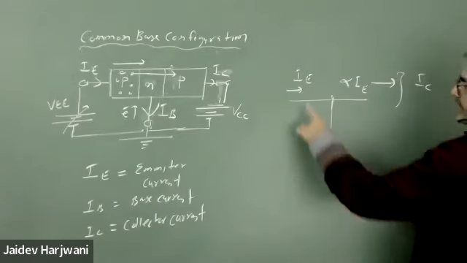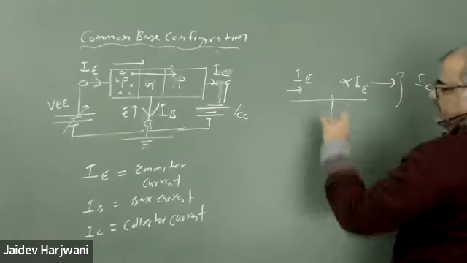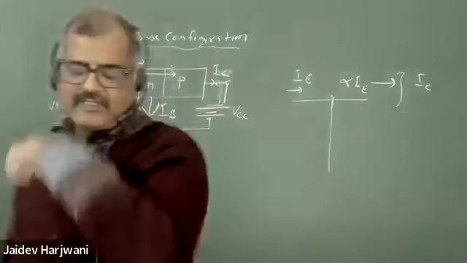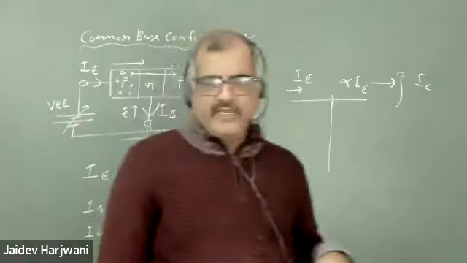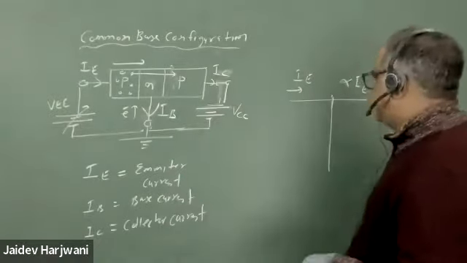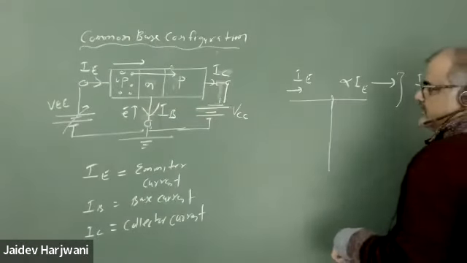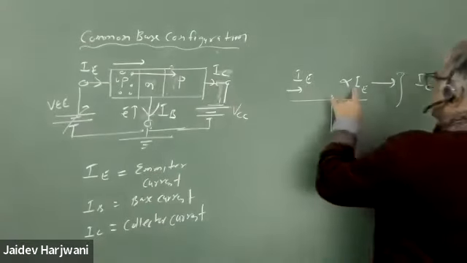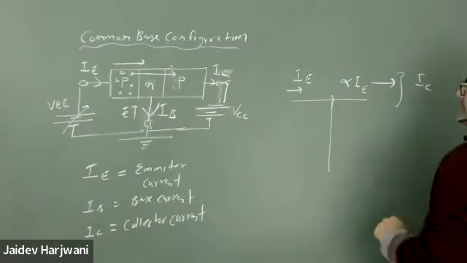So IE current is coming, some fraction of IE, say 0.1% or 10% or 5%, is lost in recombination. The remaining 95% or 90%, depending on the transistor, the charge carriers form your collector current IC.